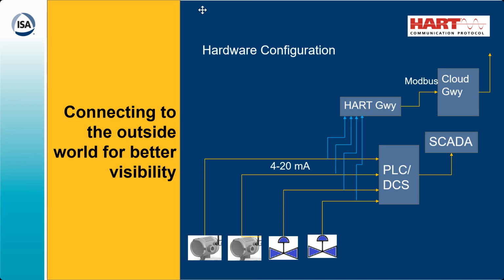Of course, it gives you all the data available in the universal commands, like the tag, description, everything. You can also get all the alarms and the diagnostic messages which are there in your cloud gateway.